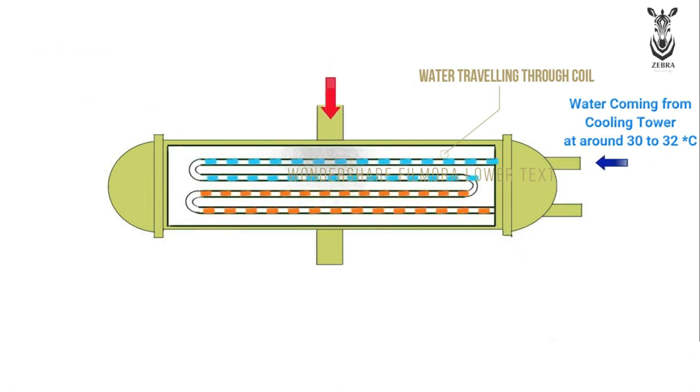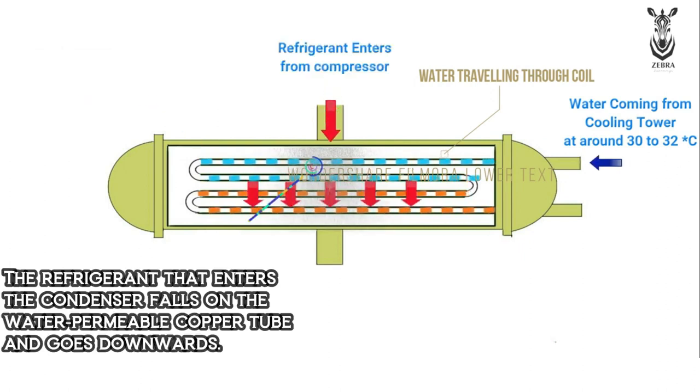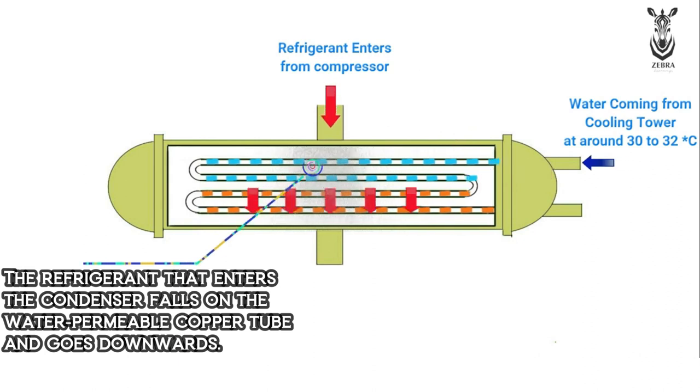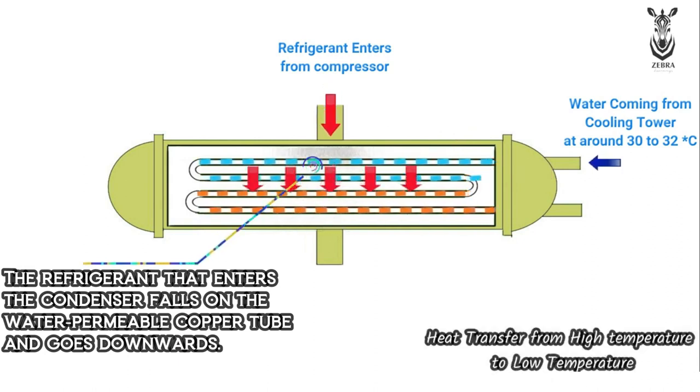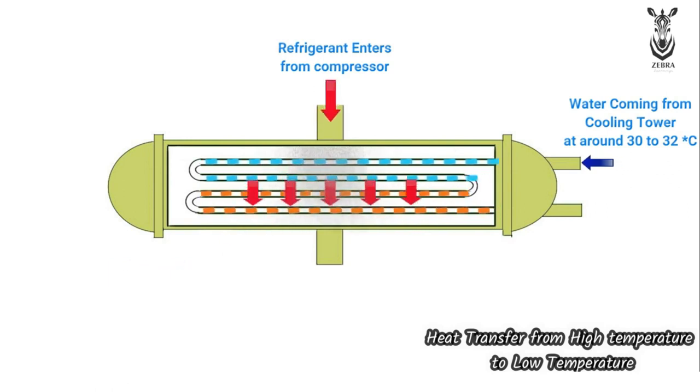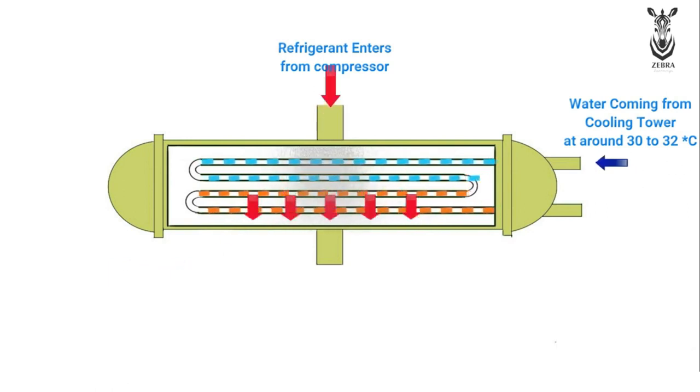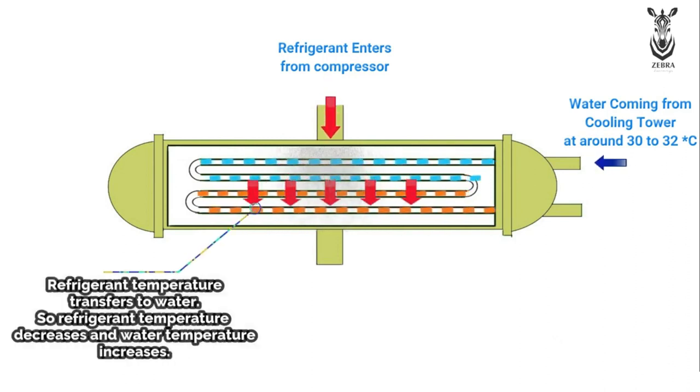In the condenser, the refrigerant travels around the copper coils. As per the law of thermodynamics, heat travels from high temperature towards low temperature. So the heat of the refrigerant, which flows around the copper coil, will transfer to the water, which flows inside the copper coils.